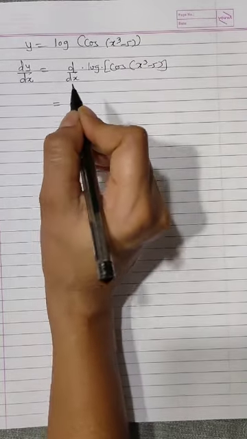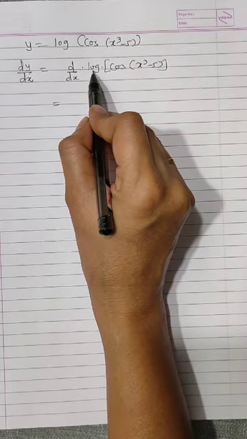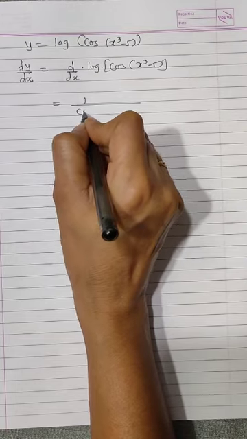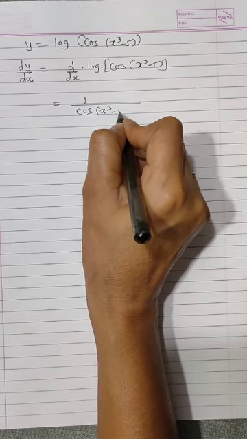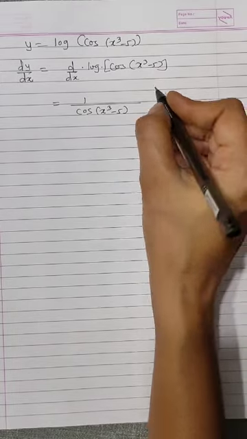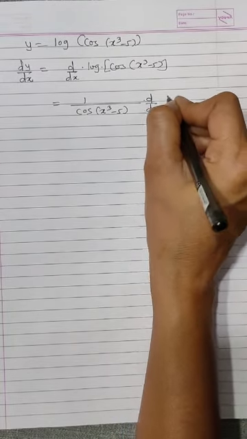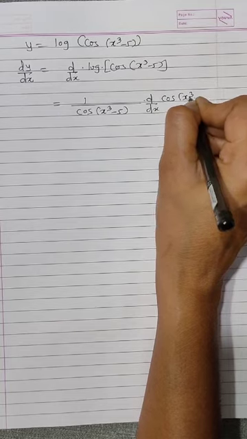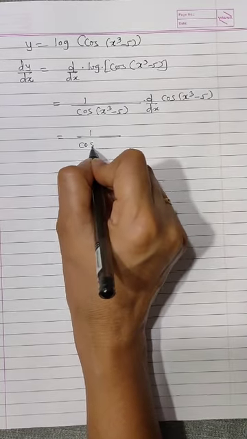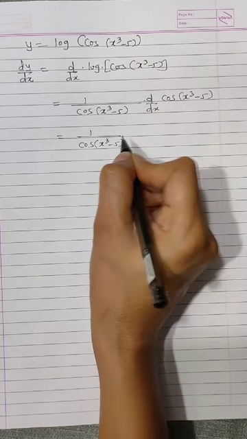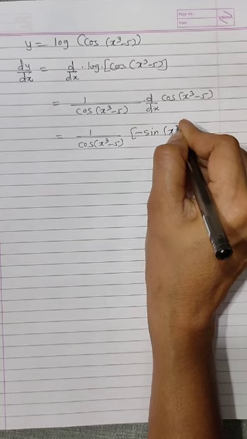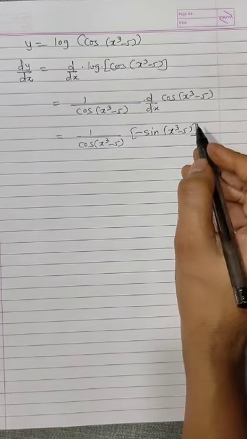Now first, differentiation of log. Differentiation of log is 1 upon, so 1 upon cos(x^3 - 5). Instead of x we have cos(x^3 - 5), but it is other than x, so we have to take the derivative again. So the derivative of which term now? Cos of (x^3 - 5). Now the derivative of cos is minus sin(x^3 - 5).